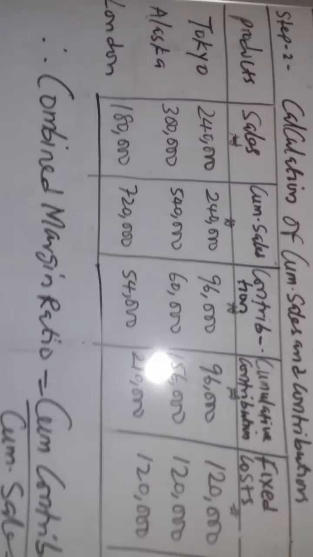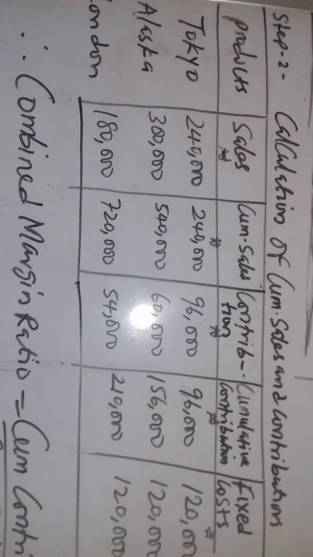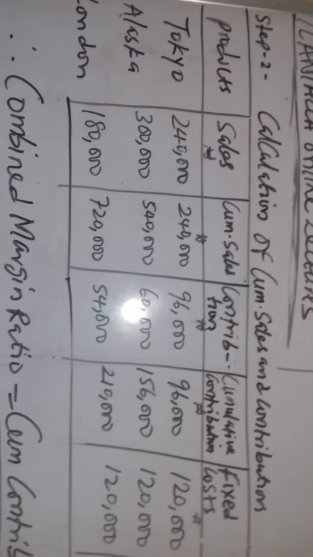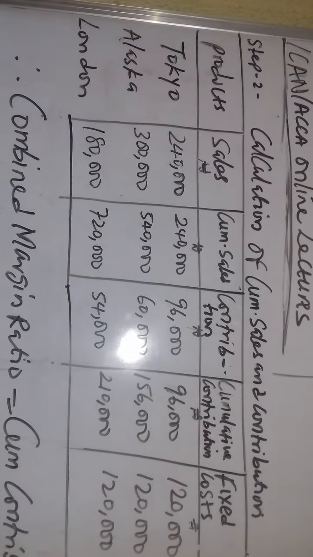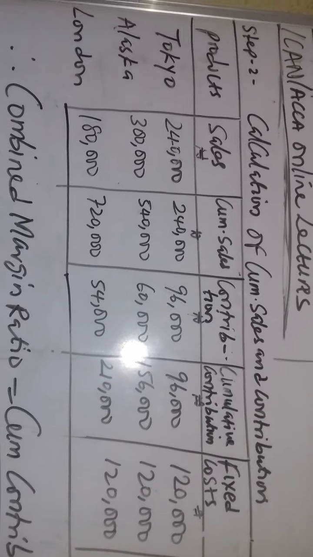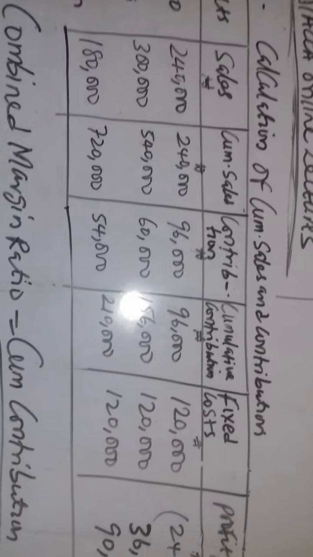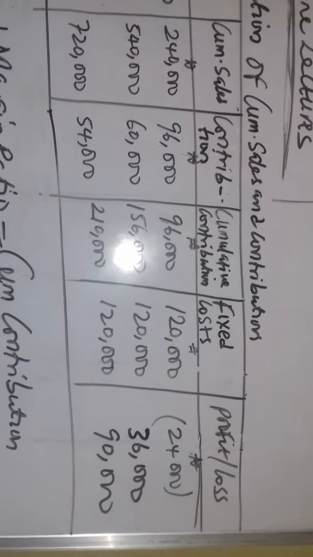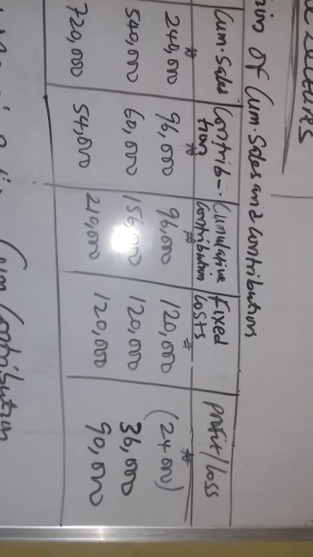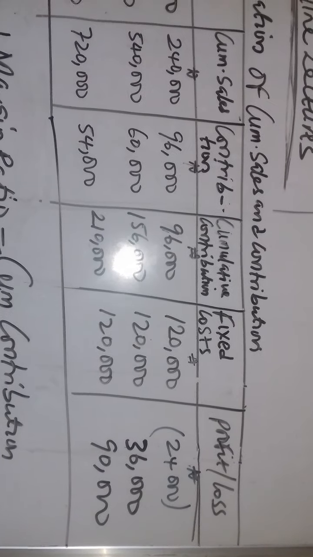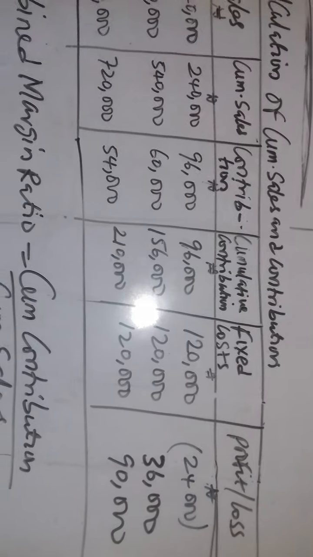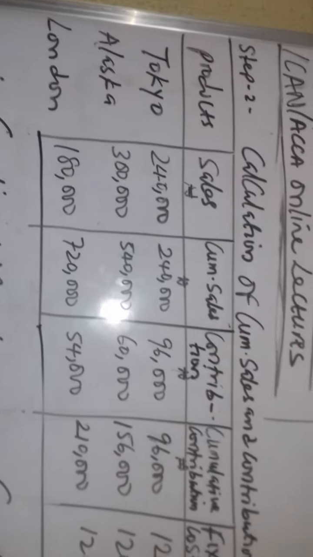So if the company is producing only Tokyo, they will make sales of 240,000, and the contribution will be 96,000. But the fixed cost is 120,000, which is constant, and the company will generate a loss of 24,000, and that's not very good for business. So they added a new product, Alaska.